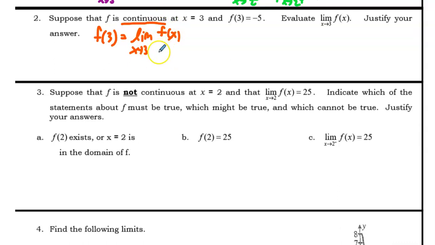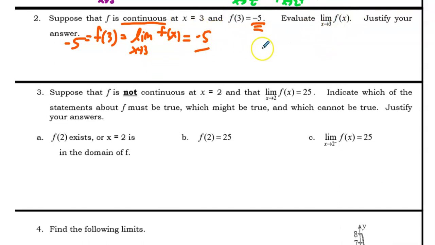It tells me that my limit exists, and it also tells me that my function is defined at that same value. Well, if I know that f of 3 is negative 5, then by the transitive property, we know that this limit is also equal to negative 5. So I know that the limit as x approaches 3 of f of x is actually equal to negative 5.